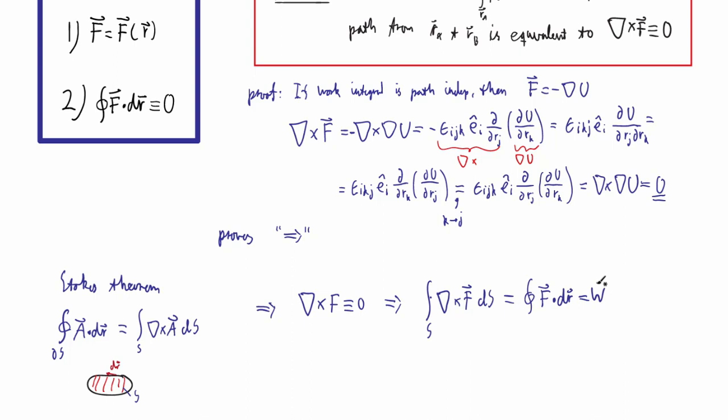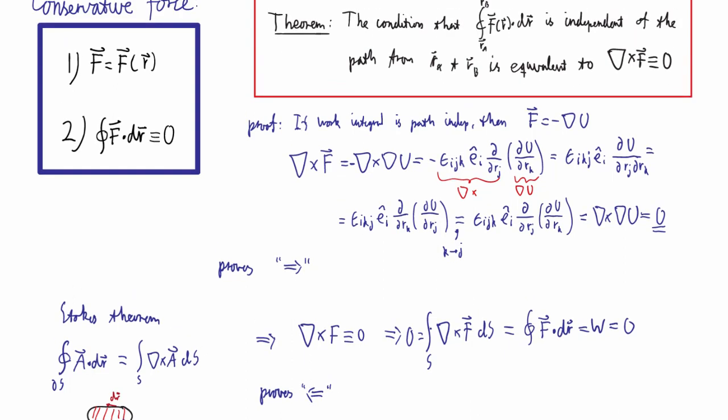And that's the work. But since this is 0, those things are both 0. So that proves the theorem in the other direction. That is, if this is true, then the line integral is path independent.